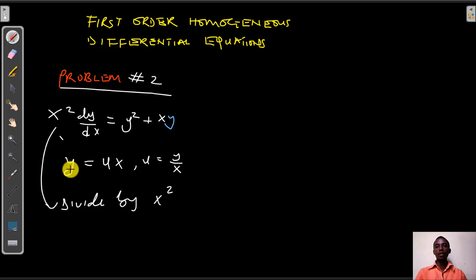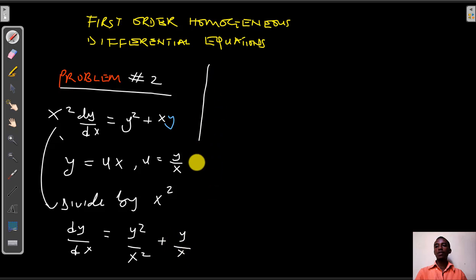Dividing by x squared, the equation becomes dy/dx equals y squared over x squared plus y over x. I'll write y squared over x squared as (y over x) squared, plus y over x. This is good because now we have y over x at certain points, and we are going to substitute that with u.